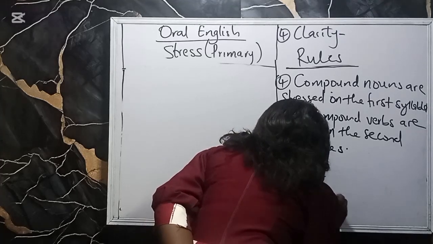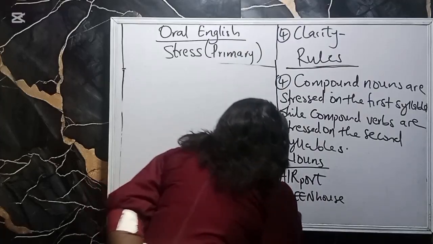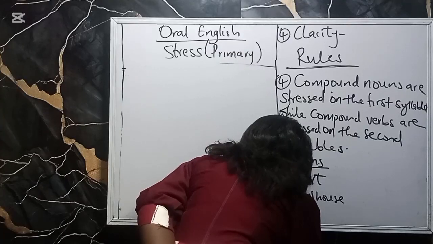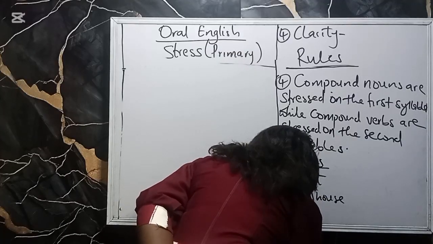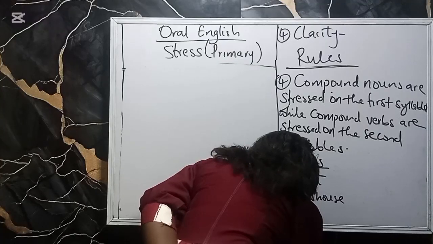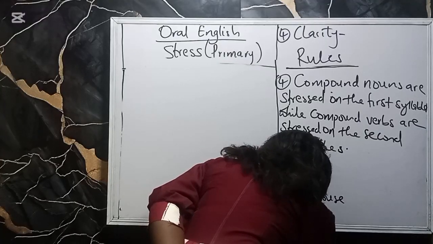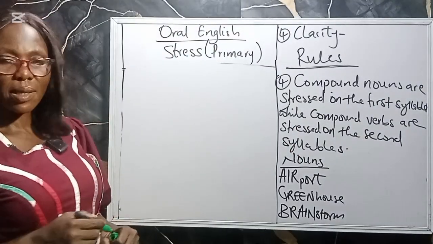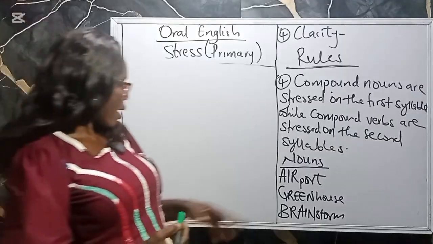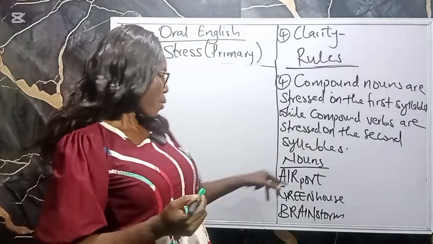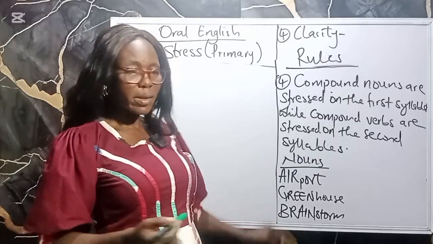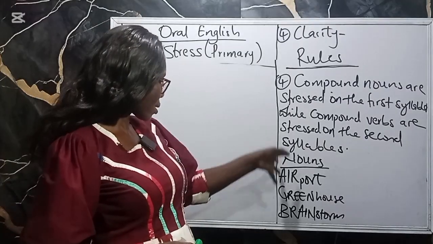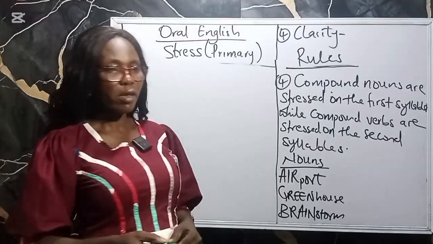We also have brainstorm. Airport, greenhouse, and brainstorm. I hope you can see them clearly. Do you get it? So the stress, you can see them. They are on the first syllable.